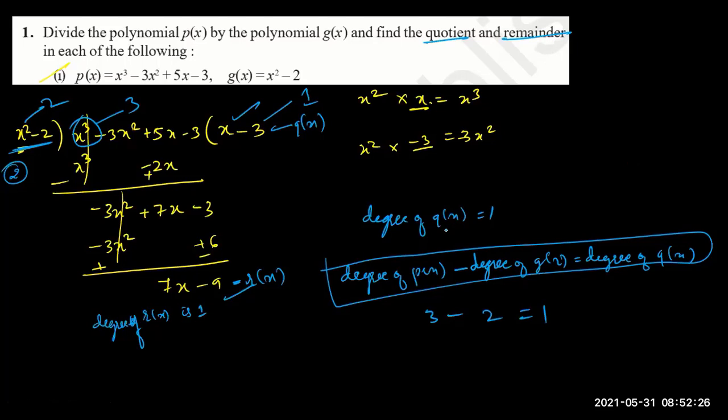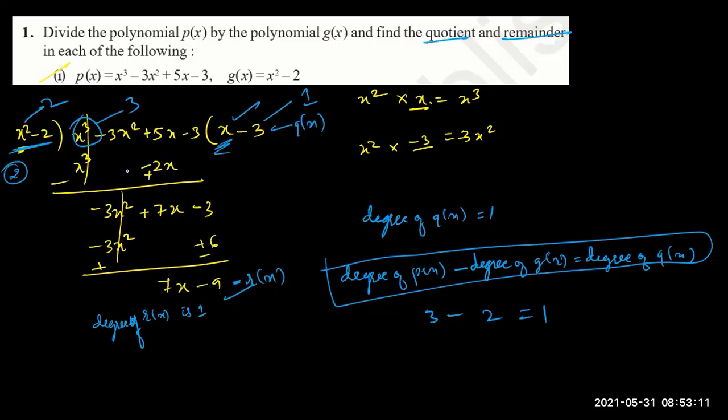Is it clear now? First question. Any doubt here? Sir, in the first step you took x in the quotient. First you multiplied it with x square and we got x cube. When you multiplied it with minus 2, we should get it below minus 3x square.